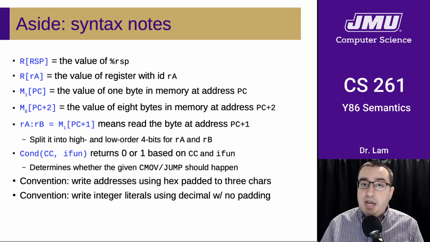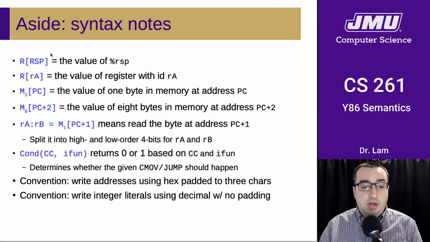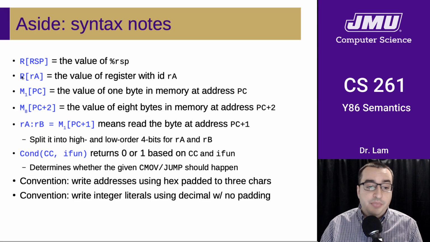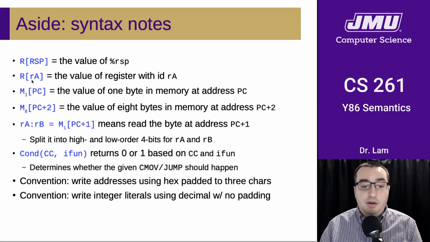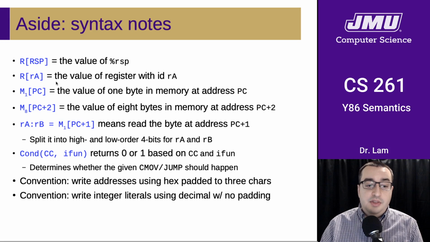There are some syntax notes that I should make here. When we use this syntax, R sub RSP, this means the value of the RSP register. When we say something like R sub RA, this means the value of the register with the register ID RA.